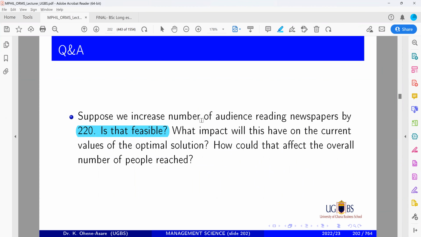All right, ladies and gentlemen, that brings us to the end of the entire caboodle. Yes, Sefako. Sir, please, a question. Can you use the sensitivity range to know whether the optimal solution will change or not? No, you cannot.